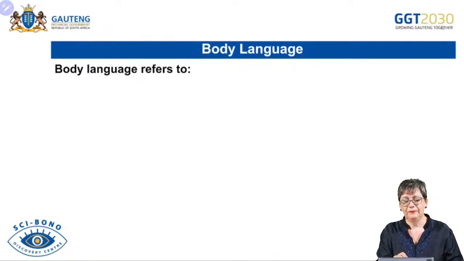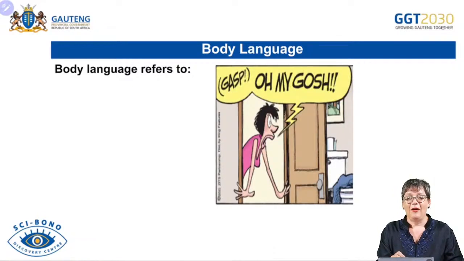Body language. Oh, and I know this is difficult. Now, the only way the cartoonist can show what the character is feeling is using body language. But you can never tell me in the exam the body language shows she's angry. You have to be very, very specific. So what do you have to look at?